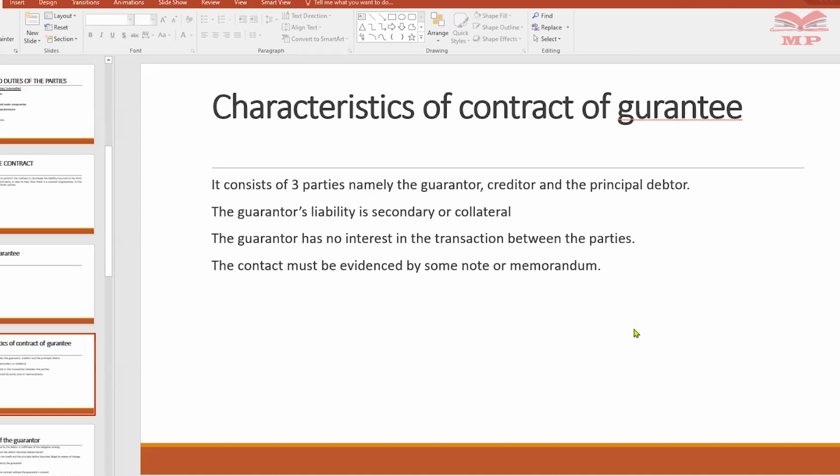You see, you can't guarantee something that you also don't know. As much as you're not interested in the transaction between the creditor and the principal debtor, you are aware of who the principal debtor is, you are aware of who the creditor is, and this transaction, you are aware that money will be availed.